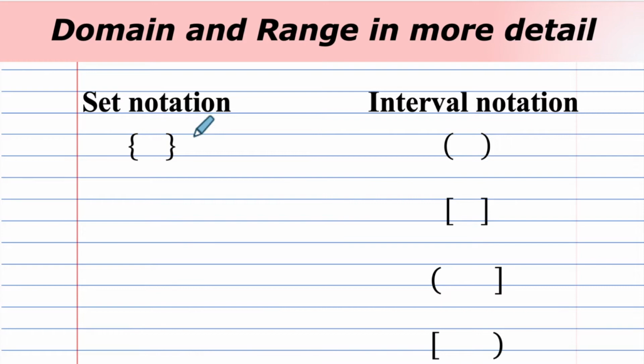Set notation, you're going to use squiggly brackets. And interval notation, you will use 2 sets of brackets. The round set means you do not include the value, and the square brackets mean you include the value. And you can have a combination of these as well in interval notation.